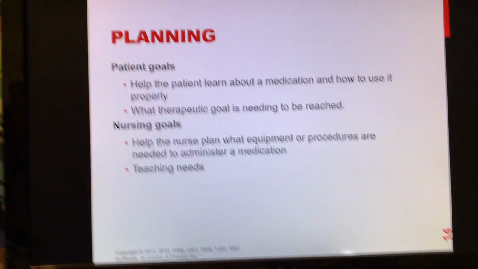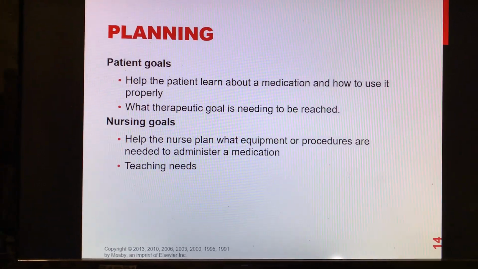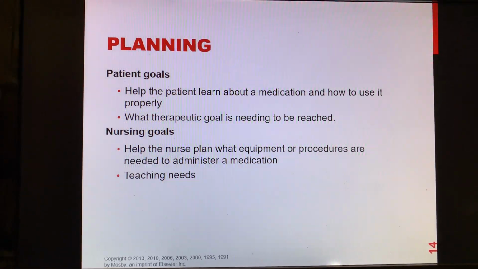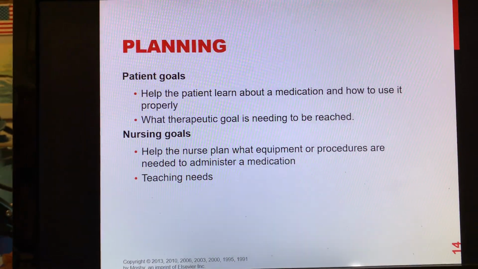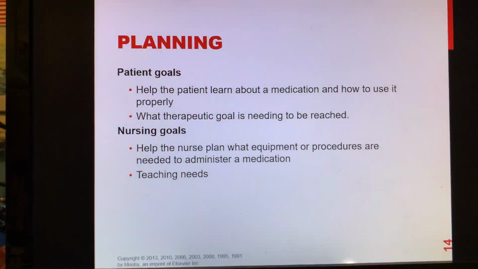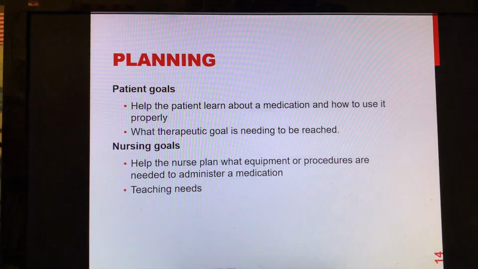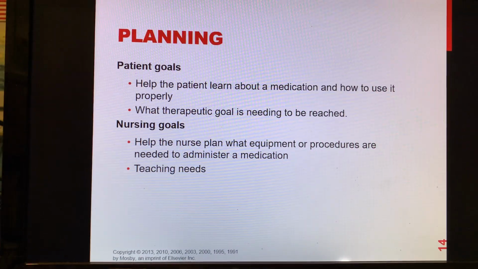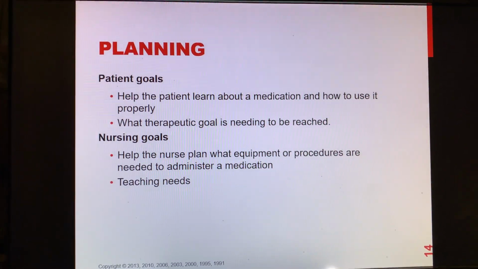So your therapeutic goal is to help the patient understand what they're looking for, give them parameters on what their blood sugar will be, and show them the process by which they check their blood sugar. That's going to help the nurse plan what kind of equipment is going to be needed. So think of all the things you need to take a patient's blood sugar, right? What equipment?